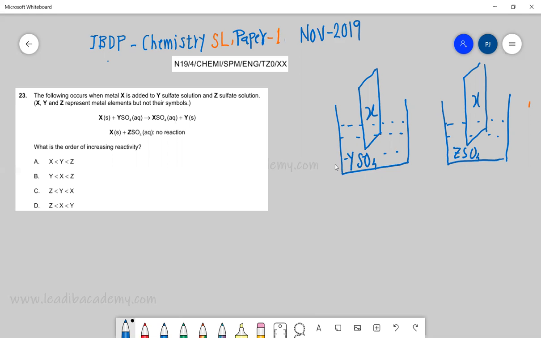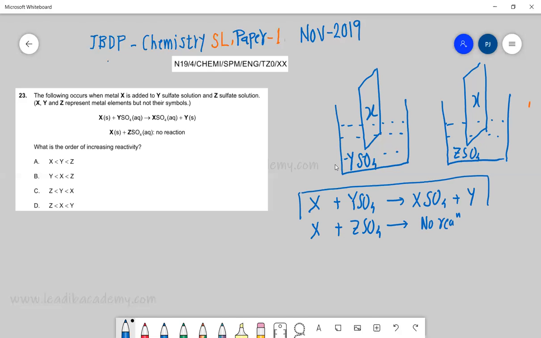Okay. And then they are giving us this reaction. So what is the first reaction? X plus YSO4 giving us X sulfate plus Y, and then X plus ZSO4 giving no reaction. So let's analyze what this reaction indicates. In this case, X has replaced Y from its solution.